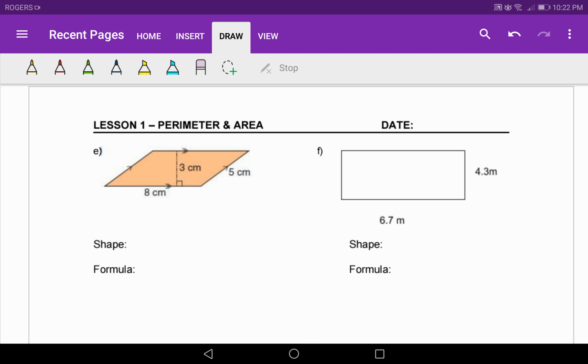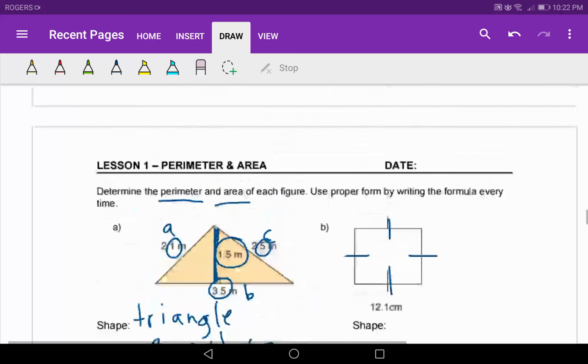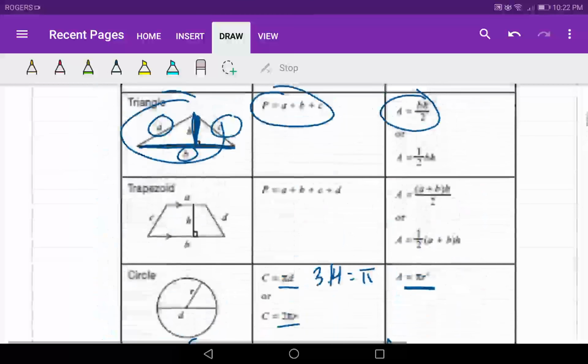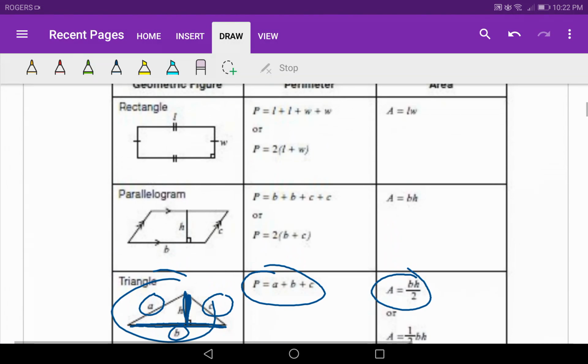Okay, so a parallelogram, let's find the formula that I can use for that. So let me swipe up here. Okay, here is our parallelogram. The formula is just for perimeter, just adding up all the sides. So this side is equal to this side, so that's another B. So we have B top and bottom, and we have C left and right.